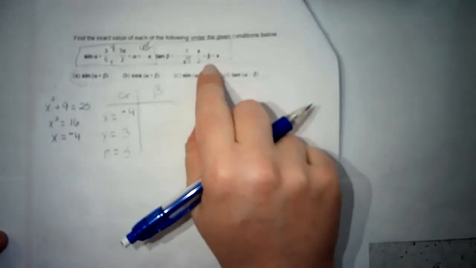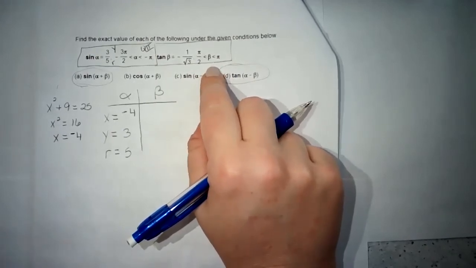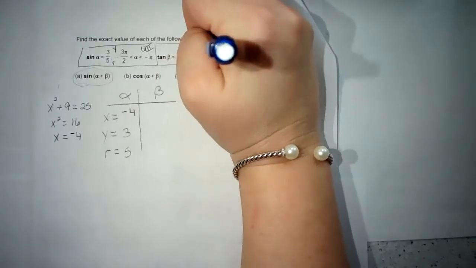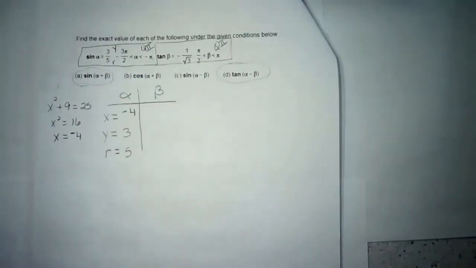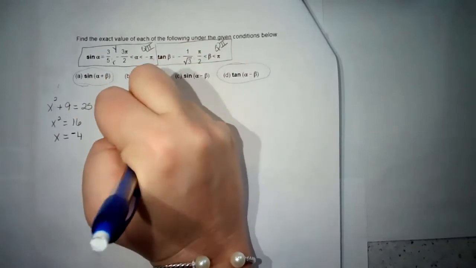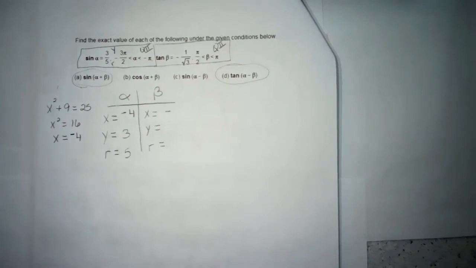All right, now we have to do beta. His placement's a little easier because we're not talking about negative quadrants. So we're from pi over 2 to pi. What quadrant are we in? Quadrant 2, same one, right? So we know x is going to be negative. We want to find r and y.